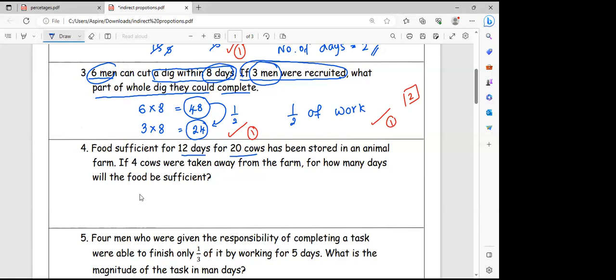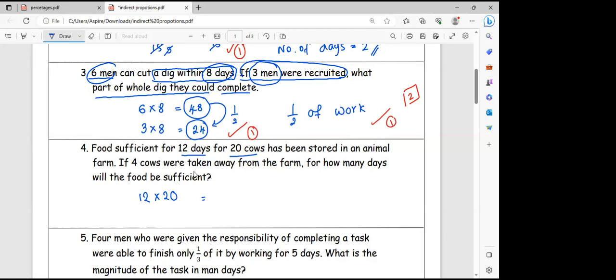Then 12 times 20 is equal to, not actually the magnitude of work, it is the amount of food sufficient for one cow. Sorry, the number of days that the food is sufficient for one cow.